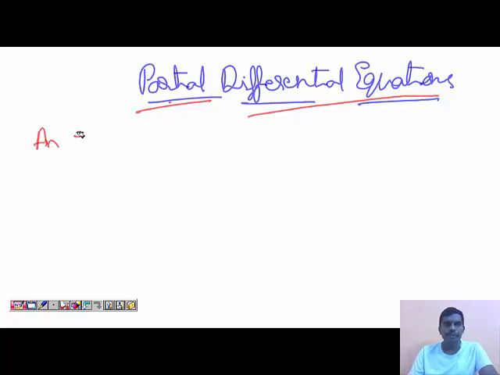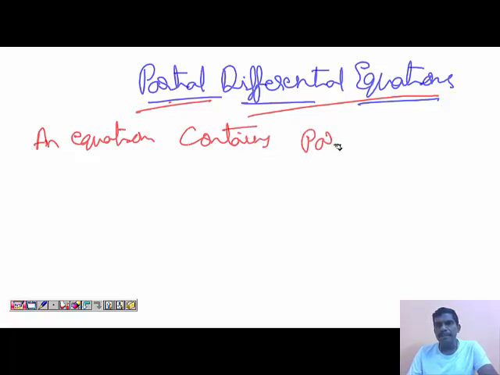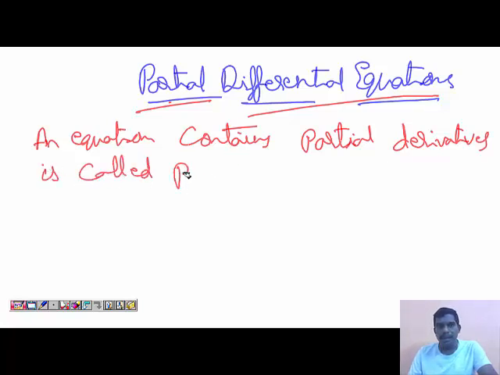An equation that contains partial derivatives is called a partial differential equation, or you can also say an equation involving the partial derivatives of one or more variables of a function is called a partial differential equation.